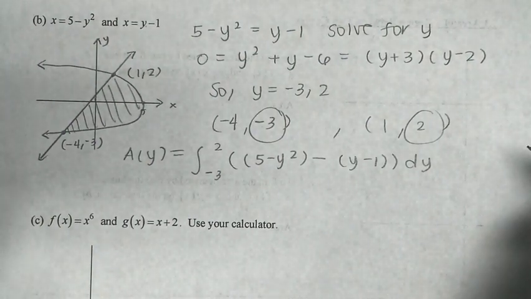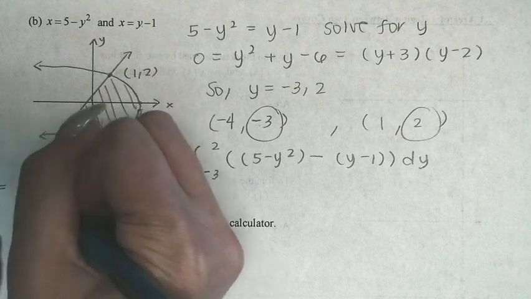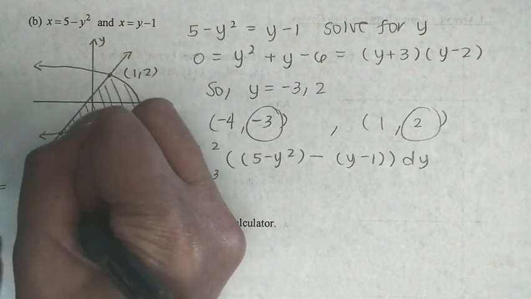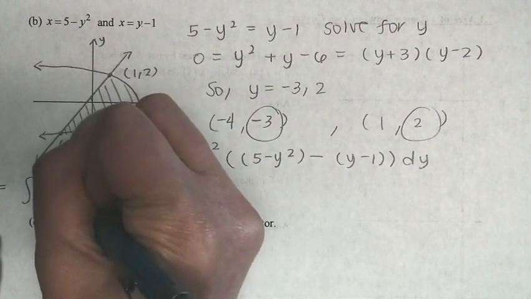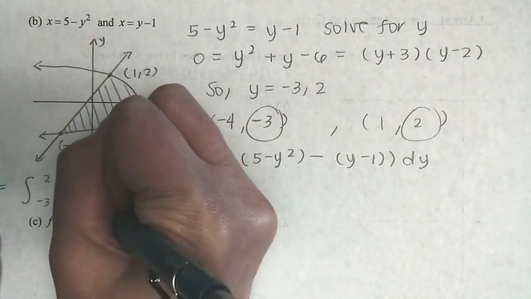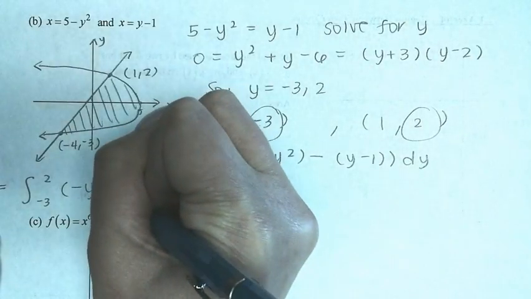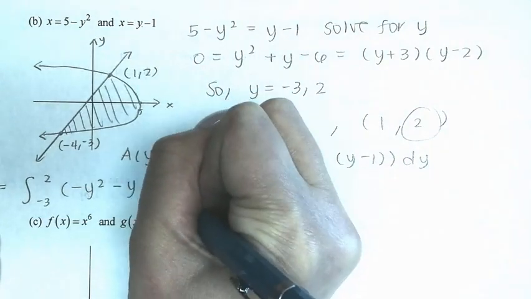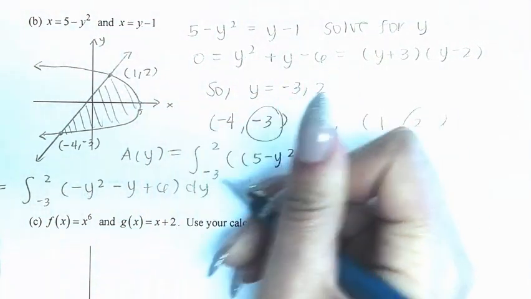Okay, now here again we're going to combine. You combine your like terms to integrate nicer. So you have -y squared plus y plus 6, and you're going to do the dy here.